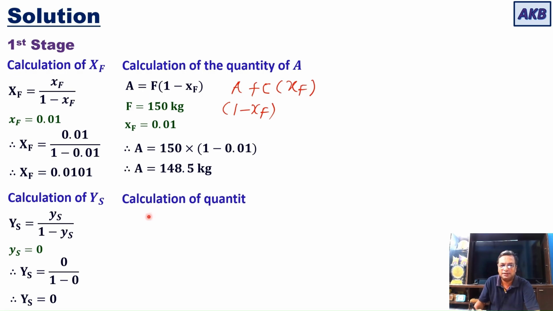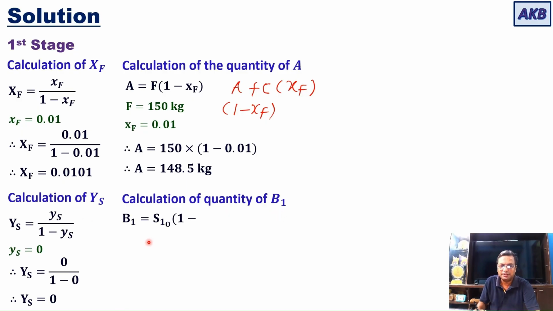Then we have to calculate the quantity of B1. That is the amount of solvent that is admitted to stage 1 or used in stage 1. So the quantity of B in that solvent will be B1. 1 stands for the stage in which it is used, first stage, so B1.